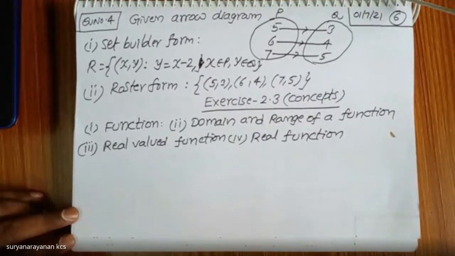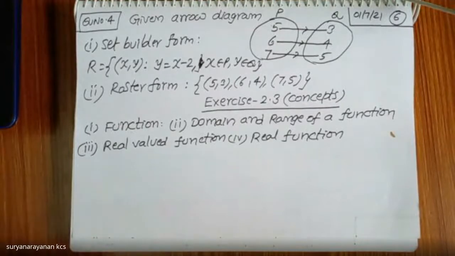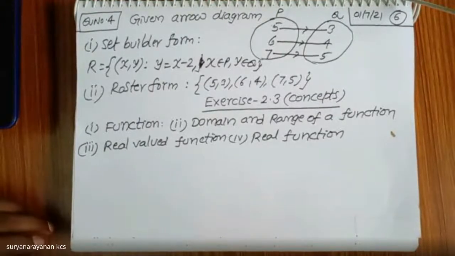Yes, okay. Now, in the previous exercise, we discussed relations and what is domain, what is codomain, what is the range of a relation. Here, functions are also a special kind of relation.